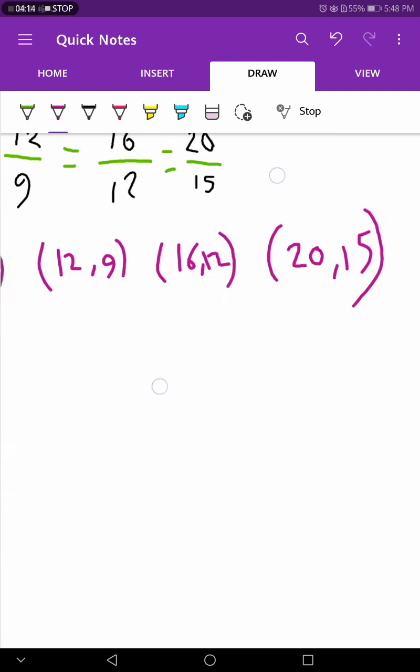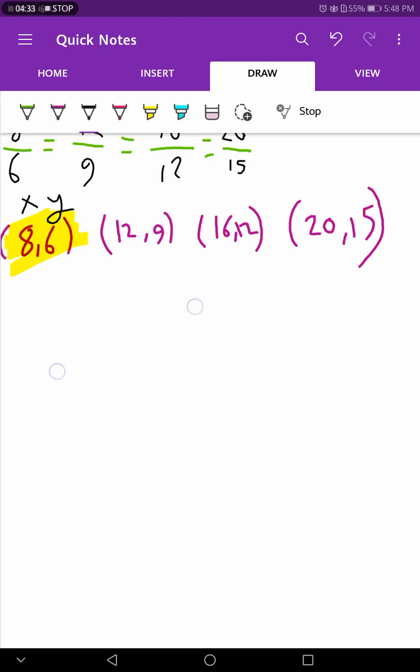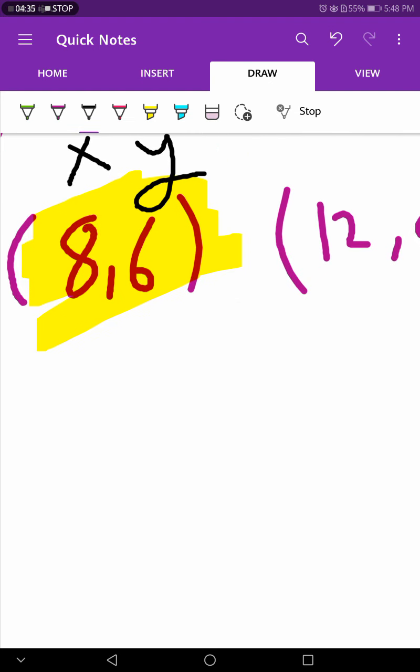Now, how can I plot these ordered pairs? You remember the ordered pair, yes? This is called an ordered pair, and each ordered pair consists of x and y. How many steps to the right or to the left? So this we call the x-axis, and this we call the y-axis.